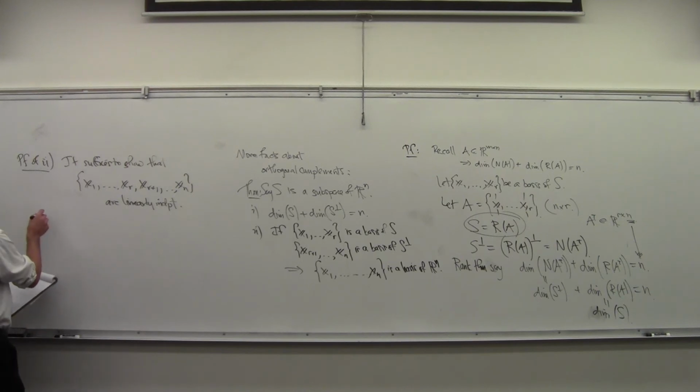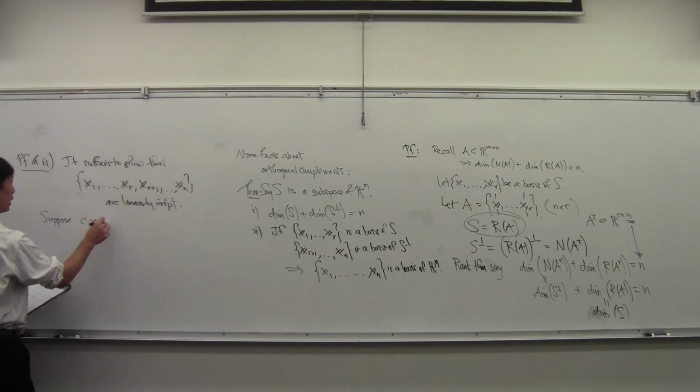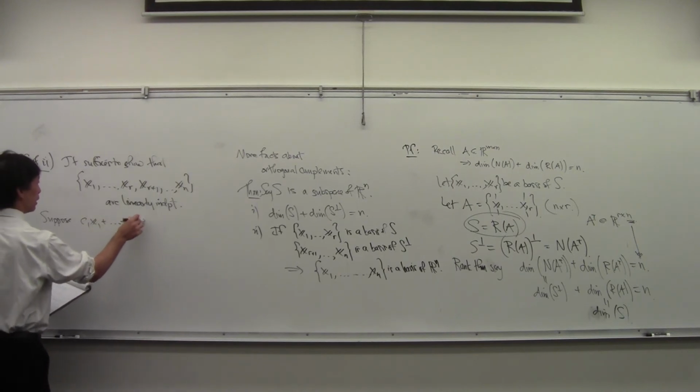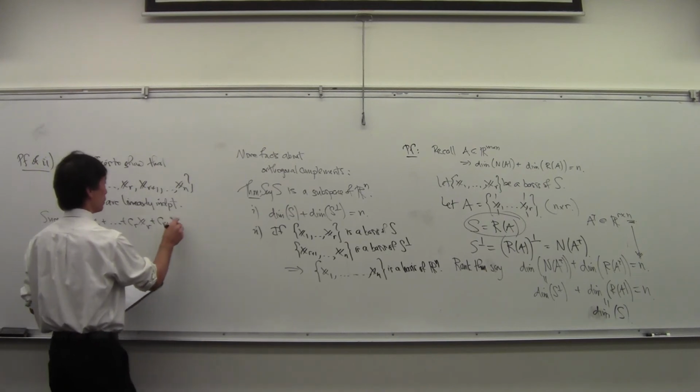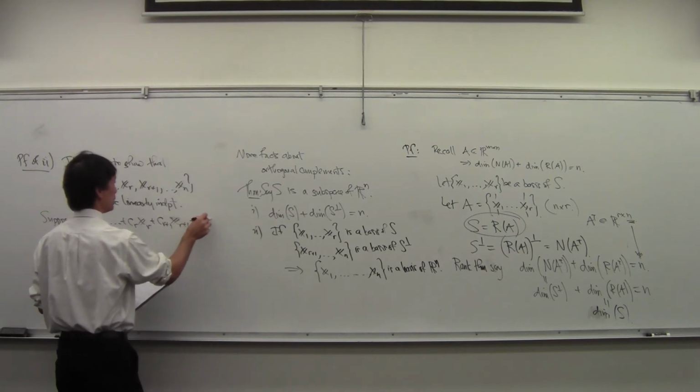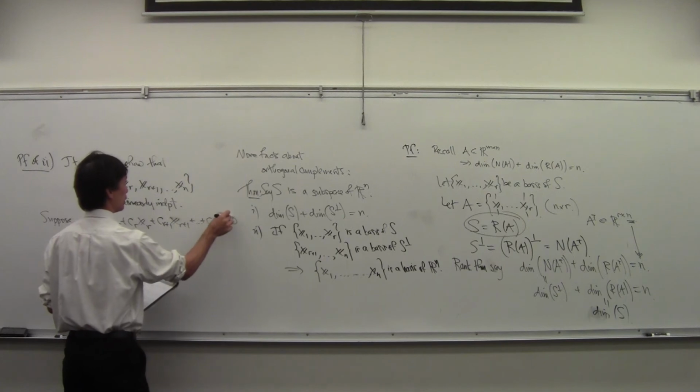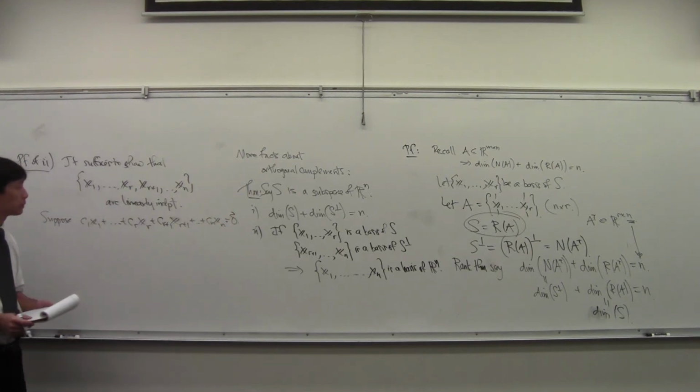So suppose that c1 x1 plus ... plus cr xr plus cr plus 1 xr plus 1 plus ... plus cn xn equals the zero vector.